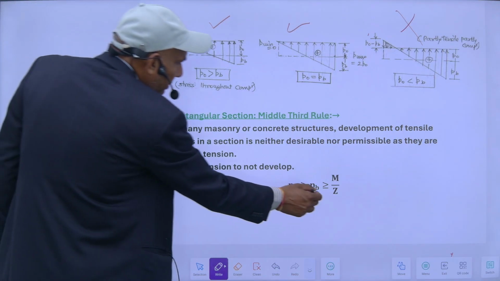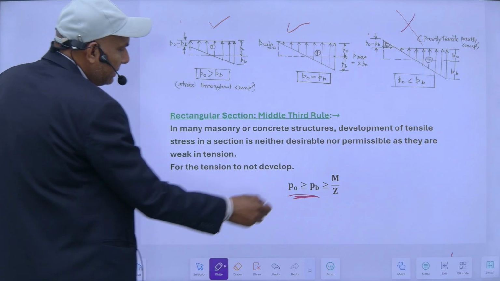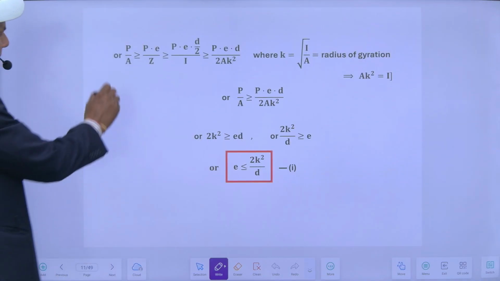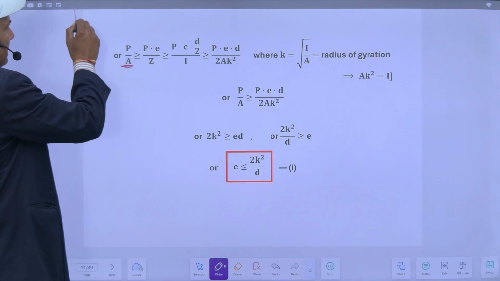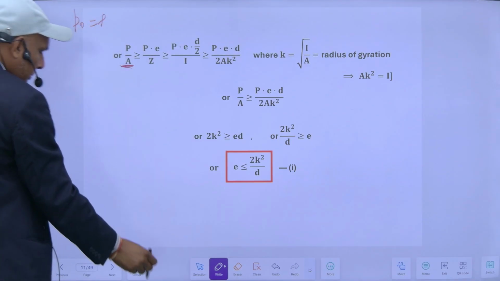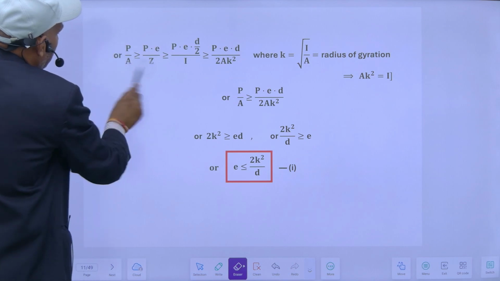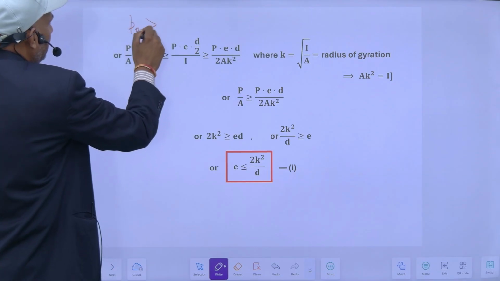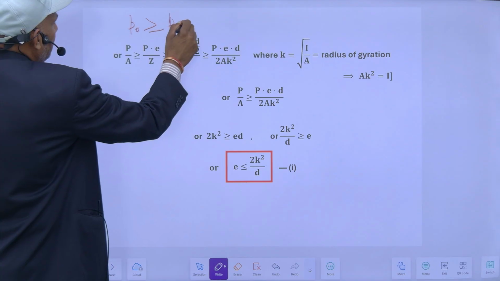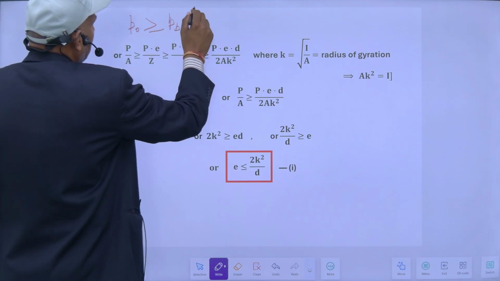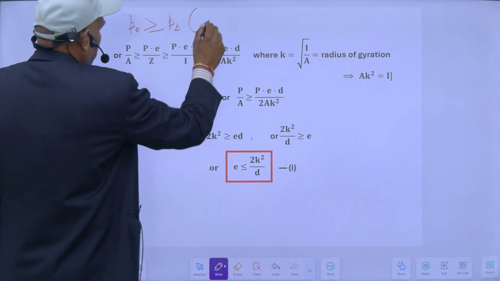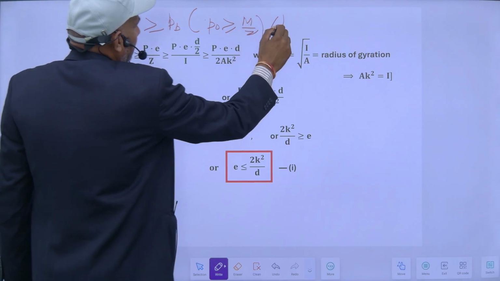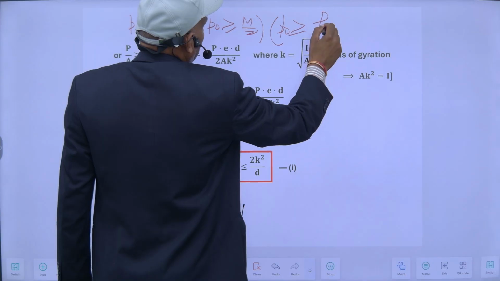What does it mean? My bending stress is equal to M upon Z. My direct stress is equal to load upon area. This direct stress should be greater than or equal to the bending stress, meaning M upon Z, and M is load into eccentricity.